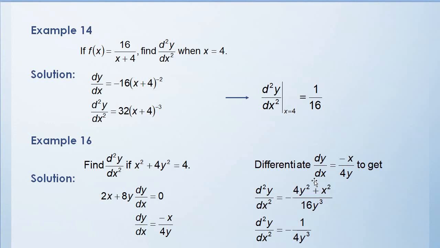I'm using the quotient rule, where y equals u divided by v, then we will have (v u prime minus u v prime) divided by v squared. So we will have this answer. Then simplify it, we will get negative 1 over 4y power 3.